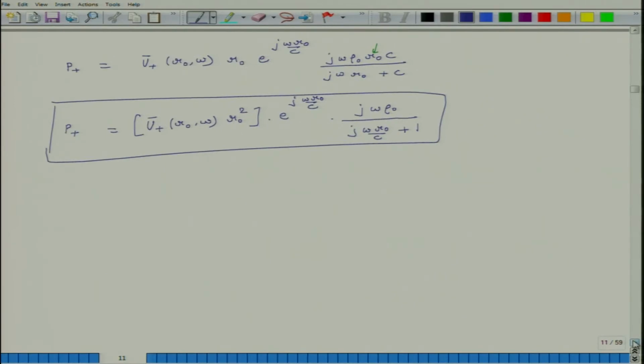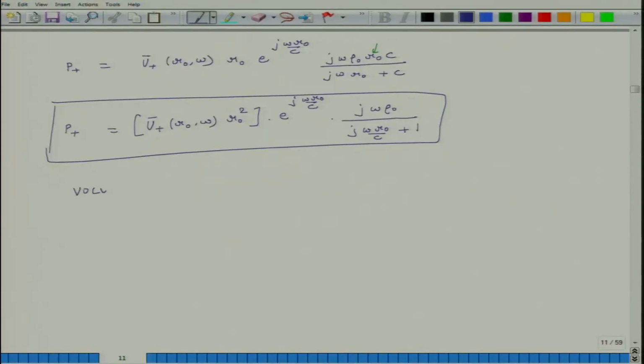Now, I define the term which I said I will introduce today, and I will say that volume velocity is equal to, what is it equal to? It is the amount of volume of air which the surface, which is uniformly expanding or contracting, is displacing, the magnitude amplitude of that volume of air.